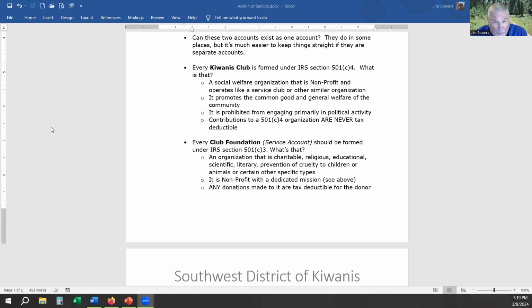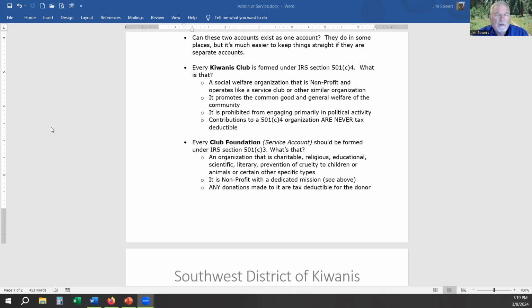It's still a not-for-profit organization, but rather than being a social welfare organization, its primary purpose is either charitable, religious, educational, scientific, literary, or the prevention of cruelty to children or animals, and a couple of other specific categories. And you can look that up in the IRS pages that you can find on any computer. It's still a nonprofit entity, but with a dedicated mission, one of those categories up there.